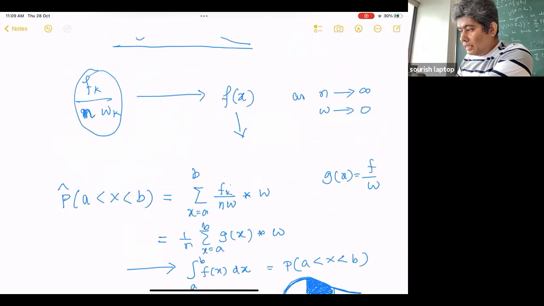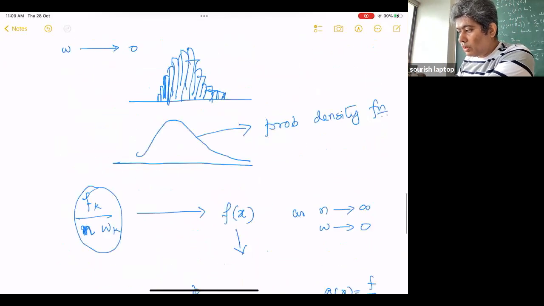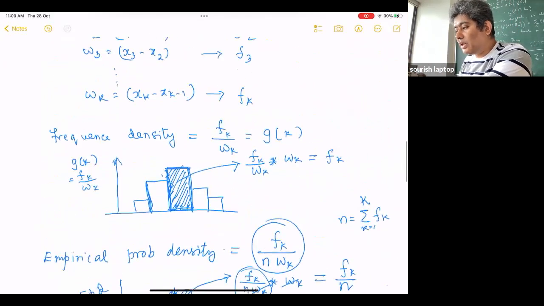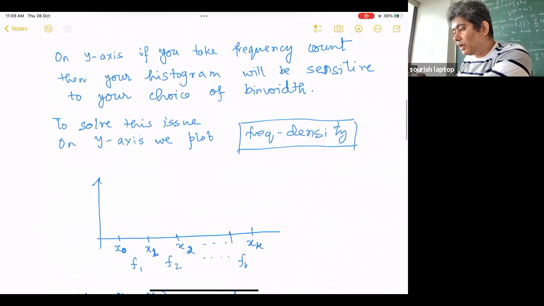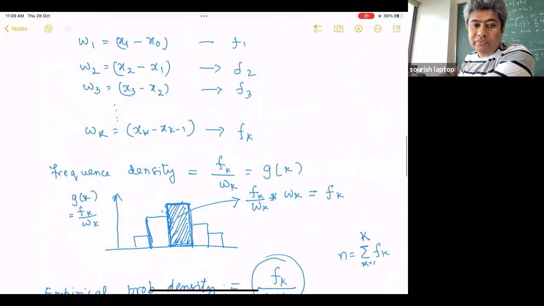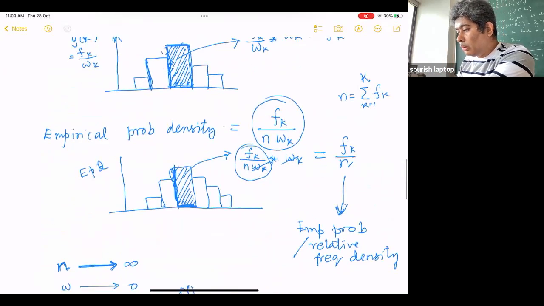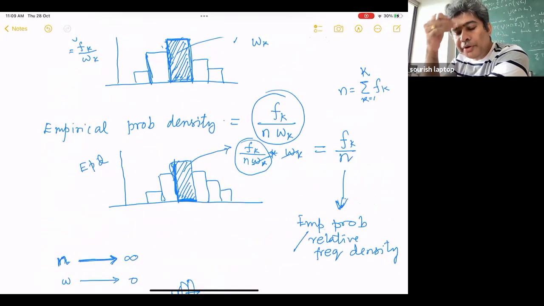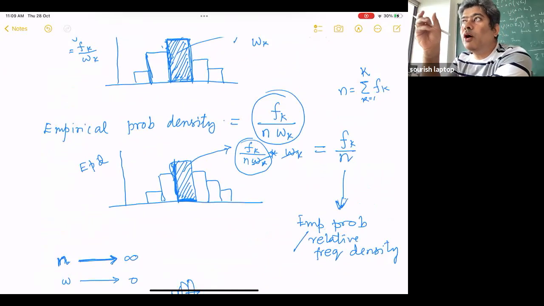So this discussion is so far at a conceptual level. If we have a certain type of data, we can draw a histogram and make some sense of how the distribution is behaving. In R or Python, when you draw a histogram, it gives you an option probability equal to false or true.